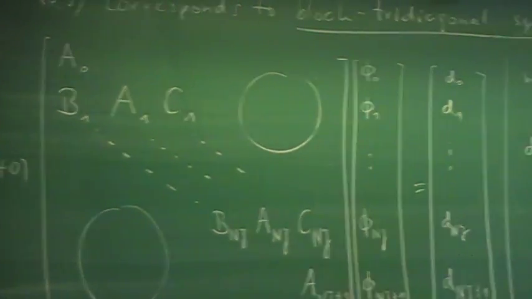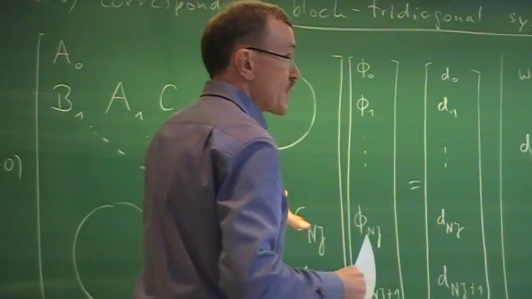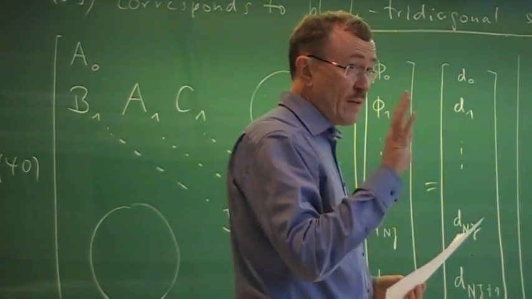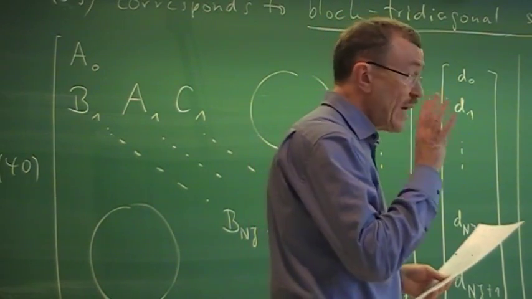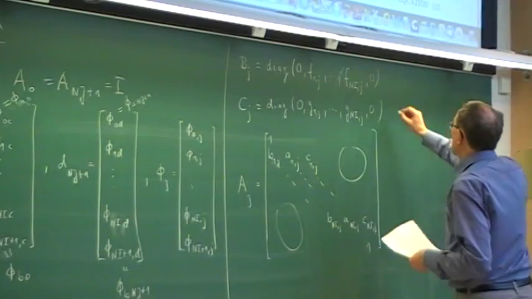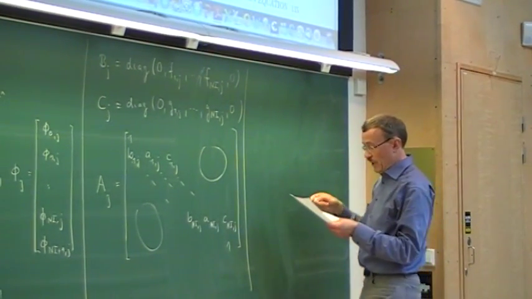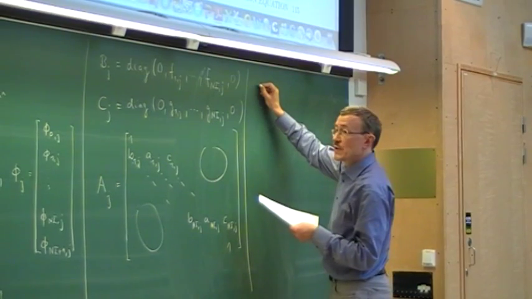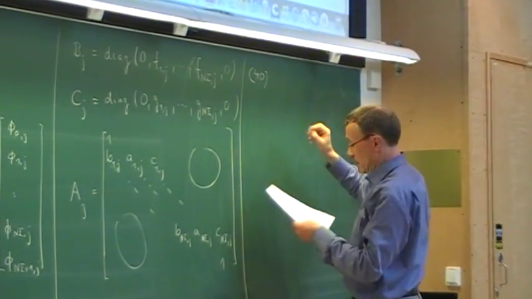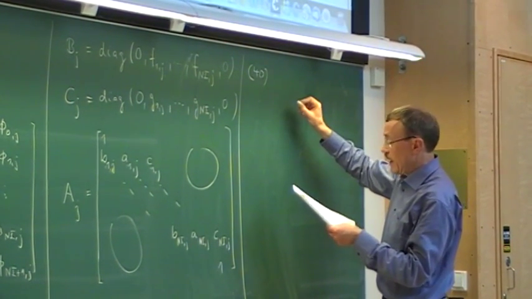And the B and C, they are a little further away. There are some zeros in between. So, but in the end, it is 5 diagonals, and that is then a pentadiagonal matrix. So then we can say that the block tridiagonal system that we have here, that is our system 4T, that can also be viewed as a pentadiagonal system.